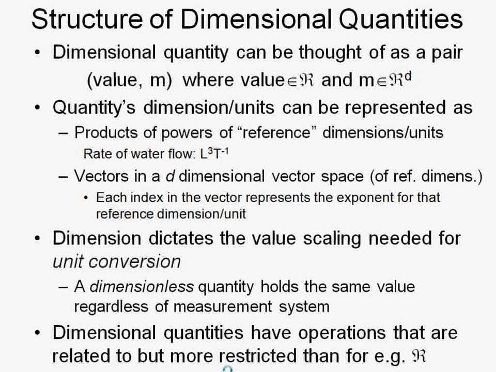Just a question, why did you put -1? Okay, that's a good question. So what that means is, if it's a -1, exactly, it's dividing by it. So if you have 1 over t, that's t to the -1.